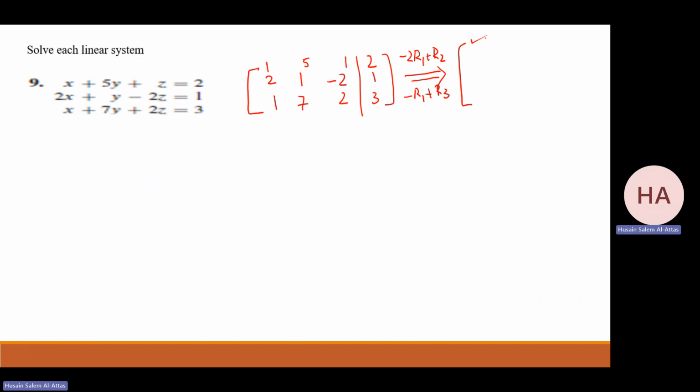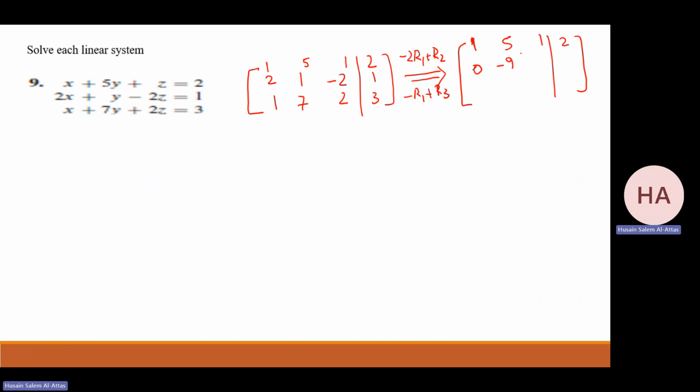The first row will not change. What's good about Gaussian elimination? No need to worry about anything. Just now we are dealing with the numbers, nothing else. We're dealing with the coefficients. But exactly this is what we are looking for. Minus 2 and add, that will be 0. Minus 2 and add, minus 10 plus 1, that will be minus 9.